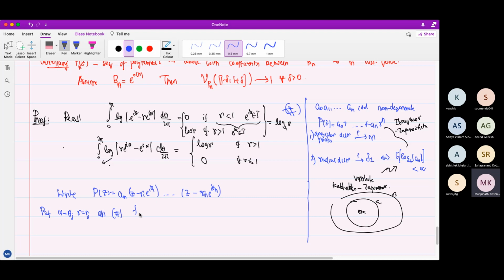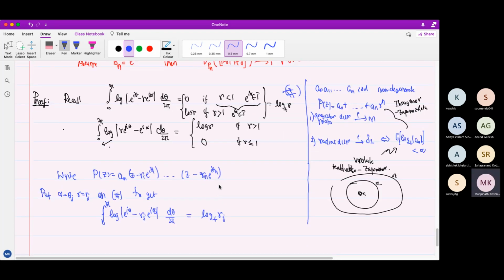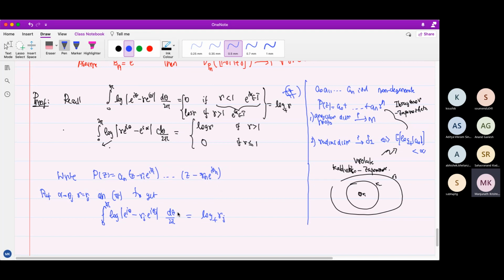In that, to get the integral 0 to 2 pi of log mod e to the i theta minus rj e to the i theta j, d theta over 2 pi, is going to give me log plus rj, right? Which is log rj if rj is bigger than 1, 0 otherwise.